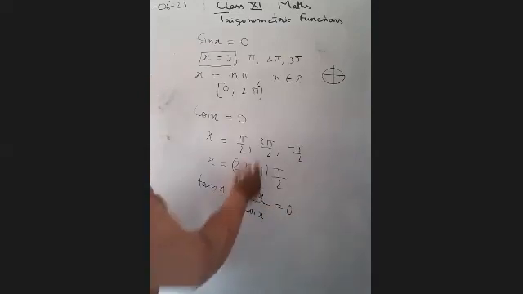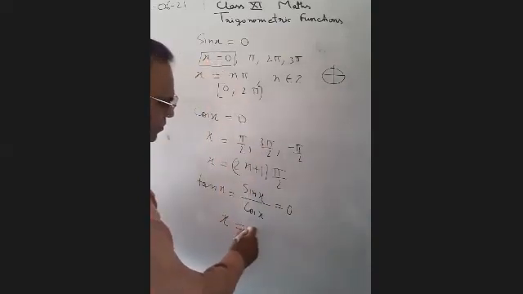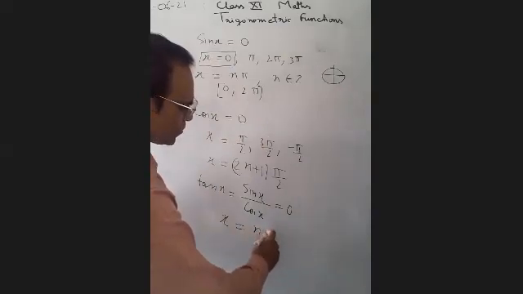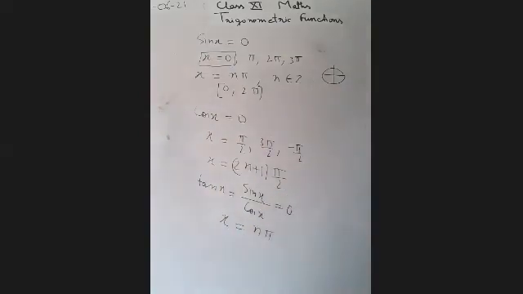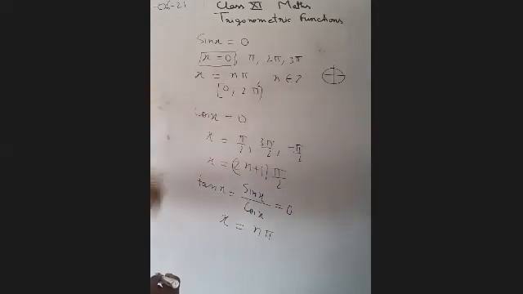So whatever the solution of sine, the same solution will be for tan also. Same answer we can use. Sine, cos, tan. If we want to give the answer for another trigonometric ratio, first of all, we will convert it into sine, cos and tan. Then we will give the answer.